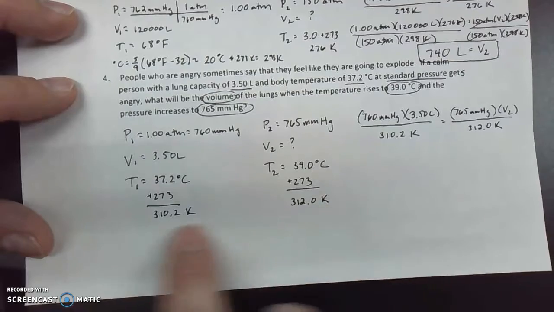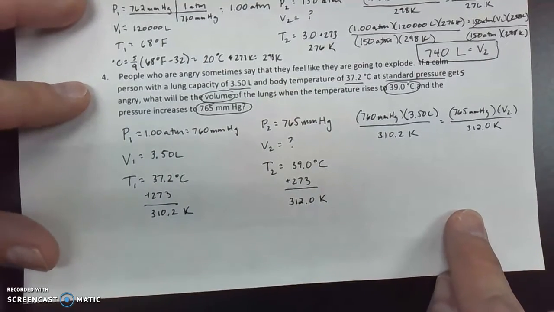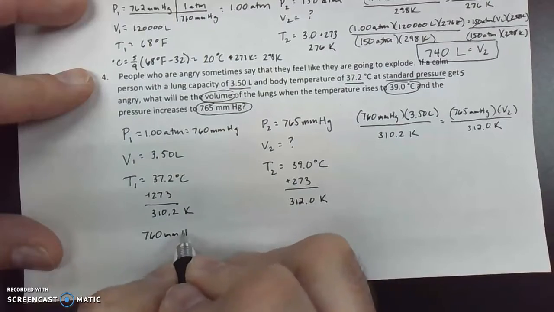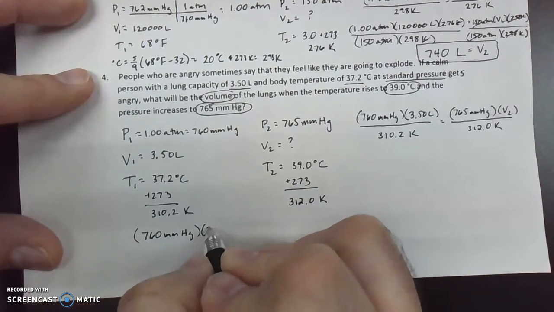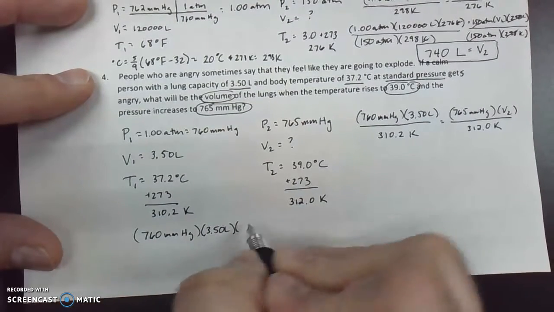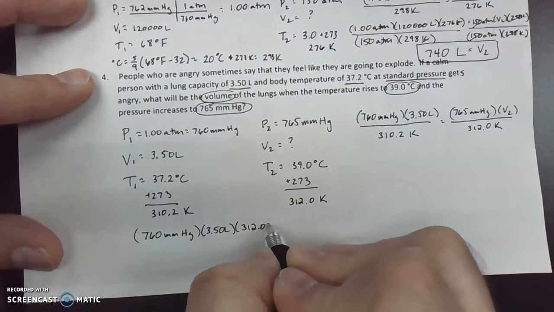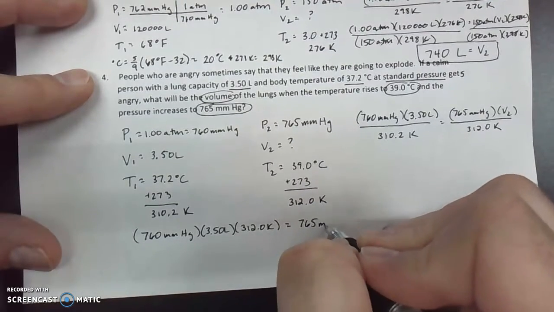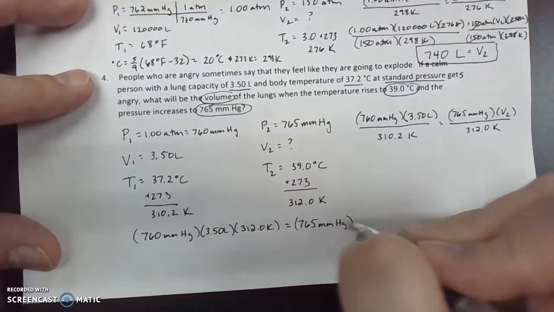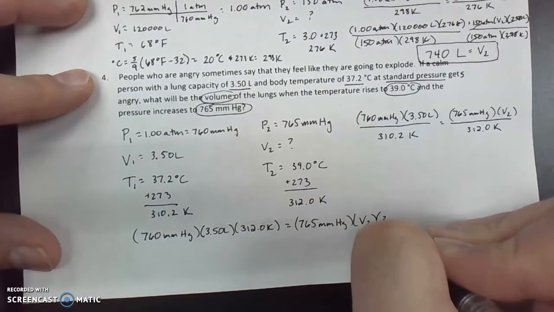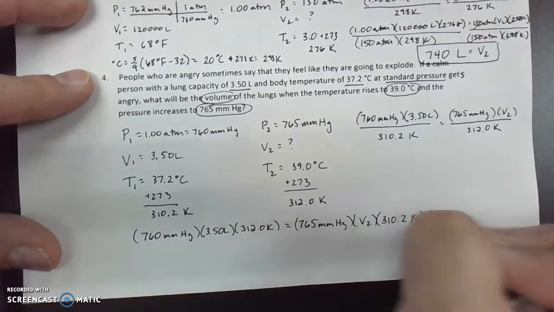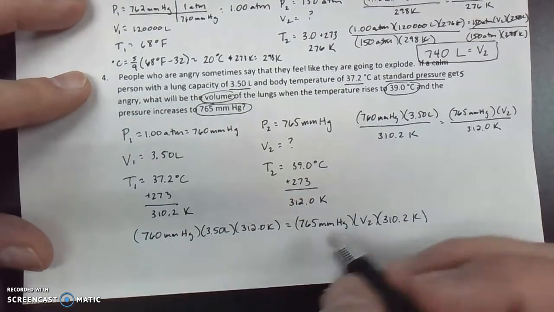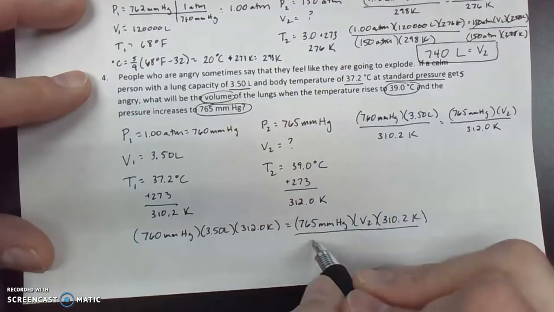So to give me a little bit more space, I'm going to write out the cross multiply down here. 760 millimeters of mercury times 3.50 liters times 312.0 Kelvin is equal to 765 millimeters of mercury times V2 times our 310.2 Kelvin. So we have to get V2 by itself.